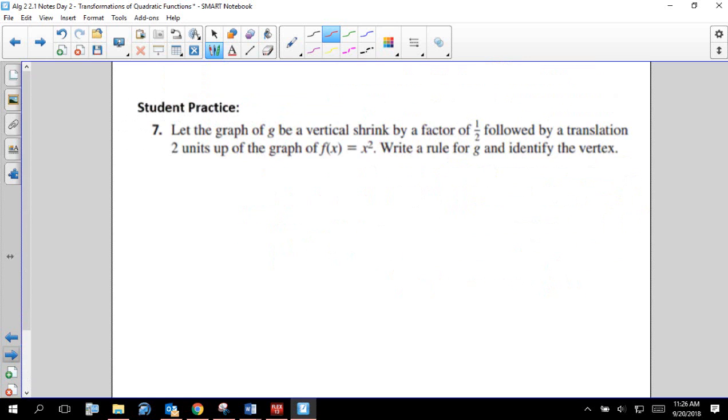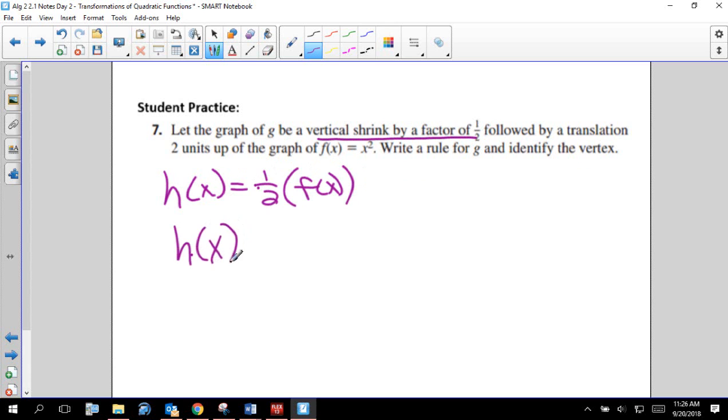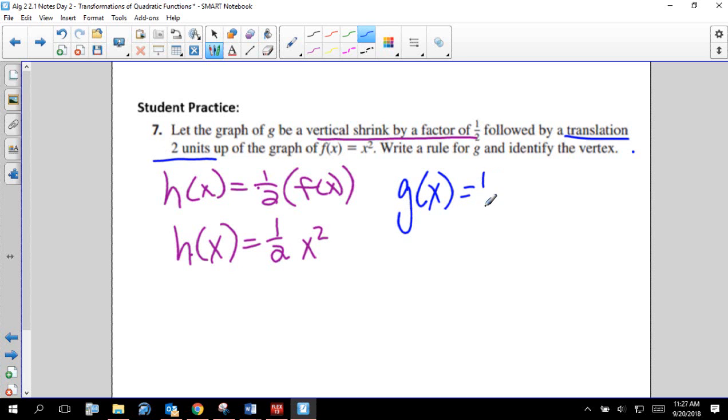So really fast, if you didn't get done, h of x is the first part. That's the vertical shrink factor of a half. So we do 1/2 of f of x. So then h of x is 1/2 of x squared. And then there's nothing really to simplify there. Then we do our second part, g of x. We're doing translate 2 units up. So I'm going to take my h of x and add 2.